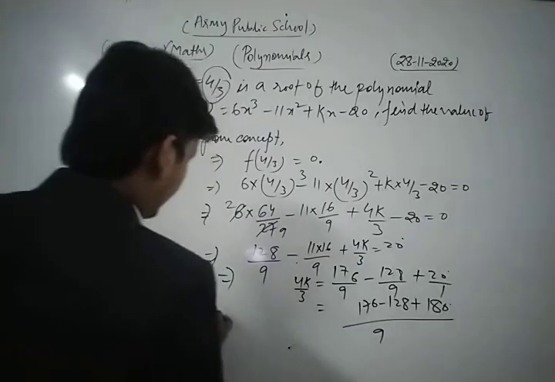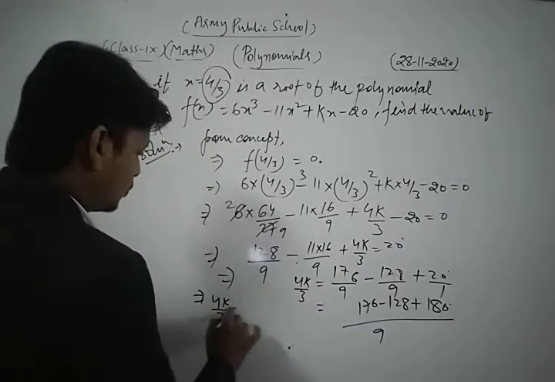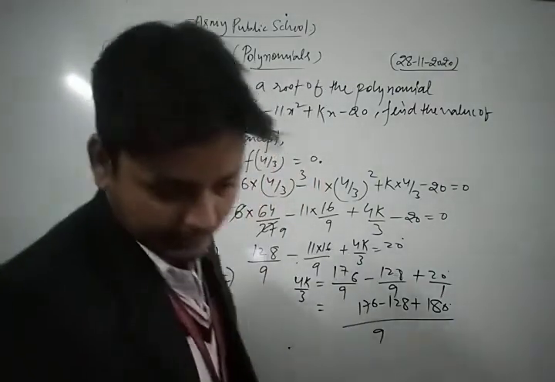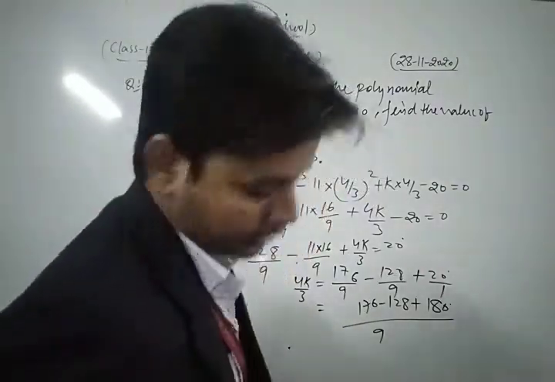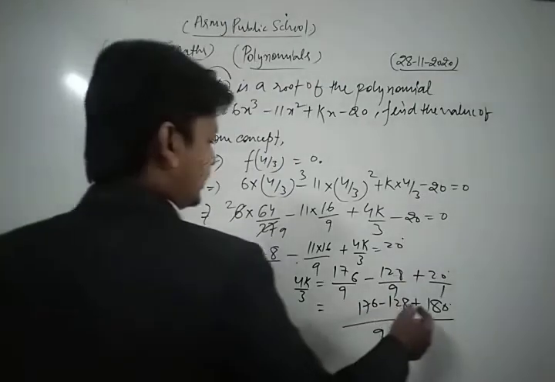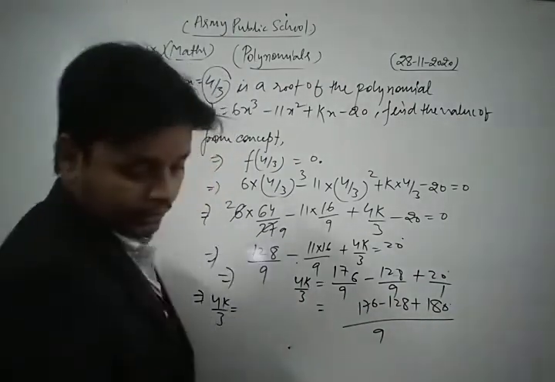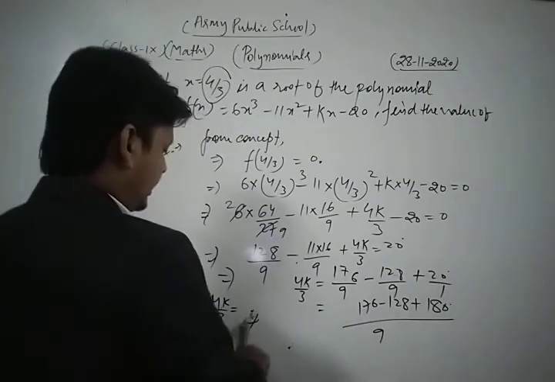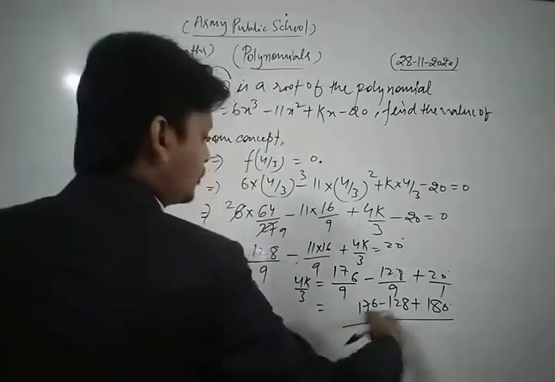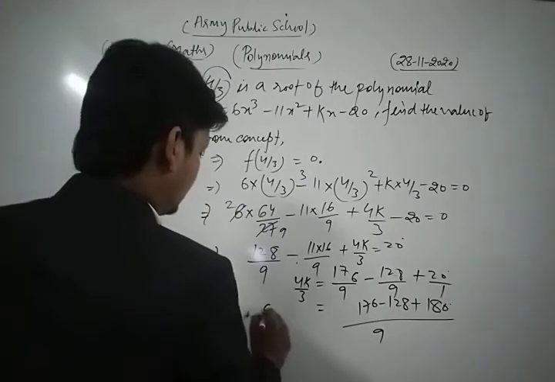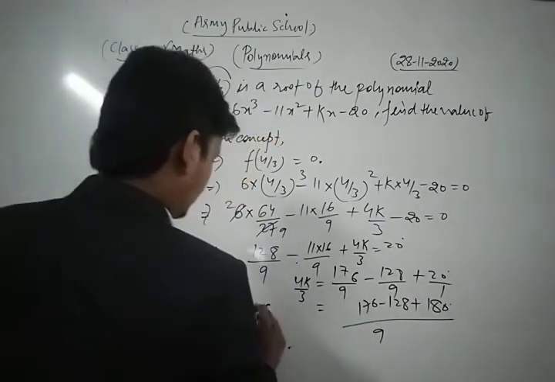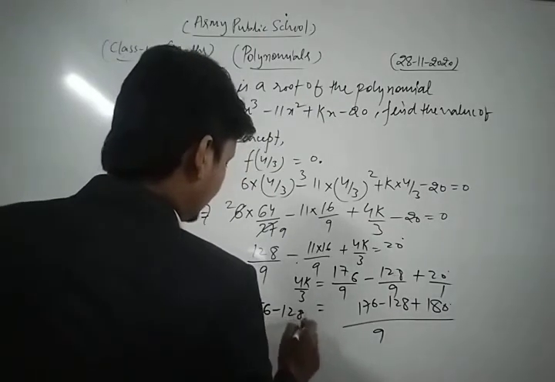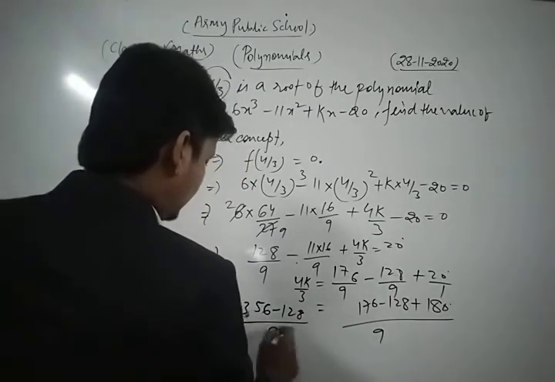Okay, now we get 4k upon 3 is equal to, we simplify them, 180 plus 176, that is 356, minus 128 upon 9, 3 3s are 9.